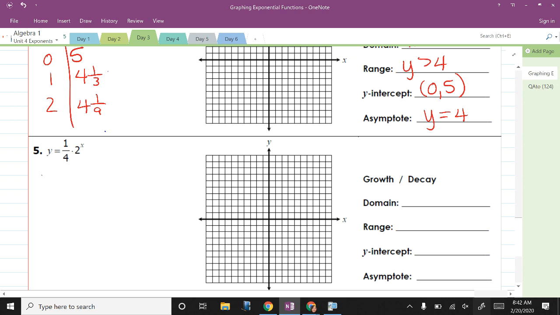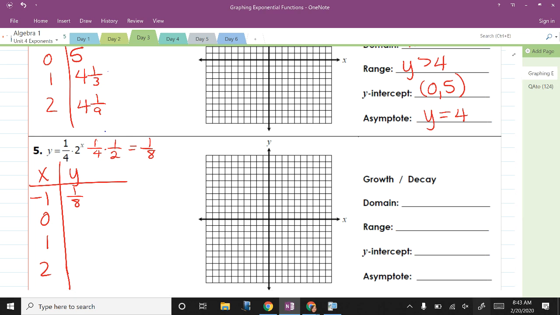All right, so let's make our table. -1, 0, 1, 2. Okay, what's 2 to the -1 power? 1/2. So this is a 4th times a half, right? Which is 1/8. Again, if you use your calculator right there, I'm not going to scream at you, but just make sure you do the exponent and then multiply times 1/4. Okay? I'm not going to use my calculator when I plug in 0, though.